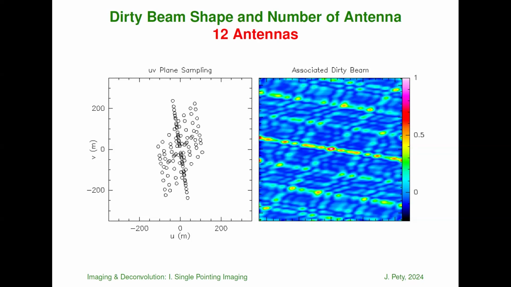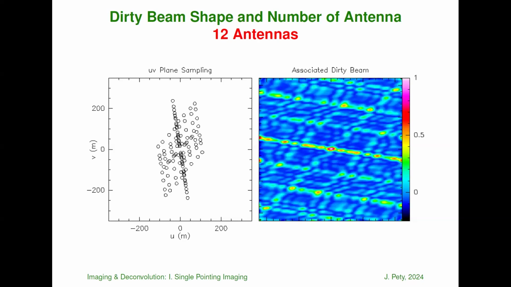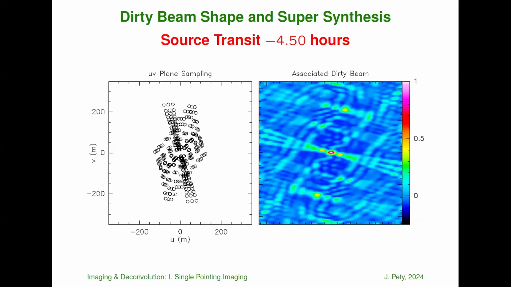And because of this, each sampling point here will move along ellipses when the Earth is rotating. So let's do it. Let's assume that the source is rising at -5 hours before transit here, and here you are at -4.5. So you have 3 measurements for each couple of antennas.